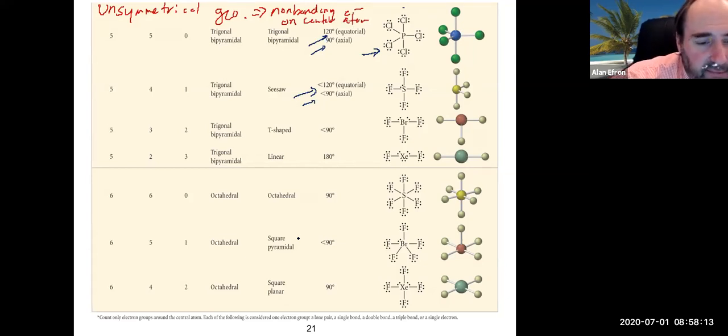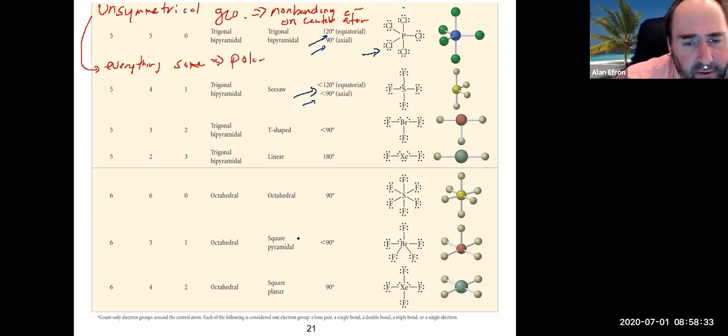On the center atom. So what that essentially means is you draw the Lewis structure, and you have dots on the central atom. If you have that situation and everything attached on the outside is the same, it typically will be a polar molecule, pretty much.